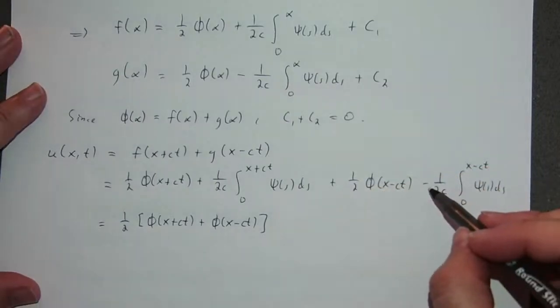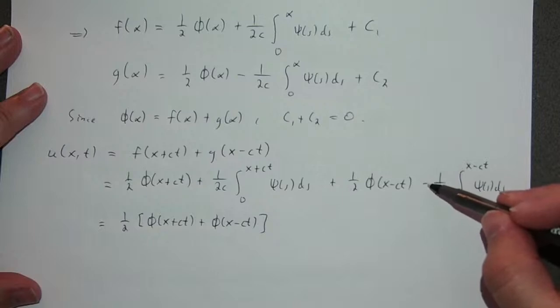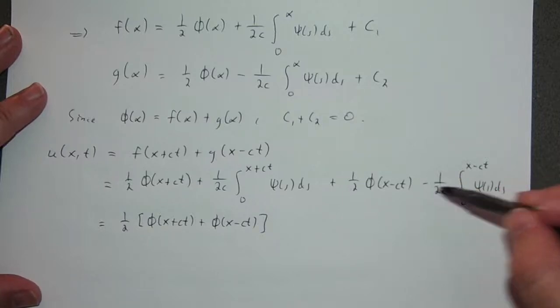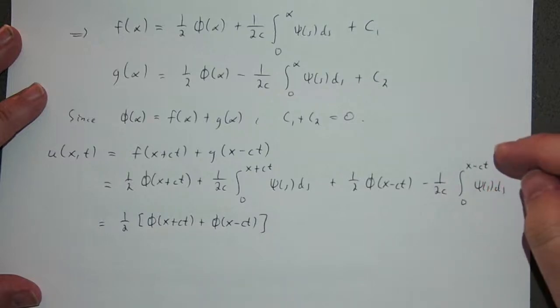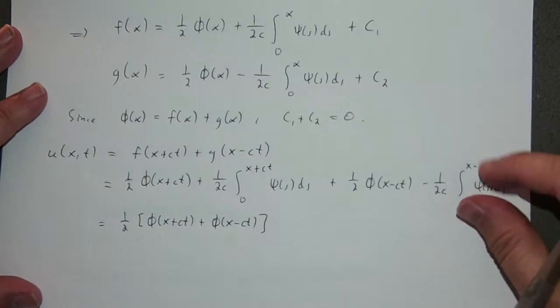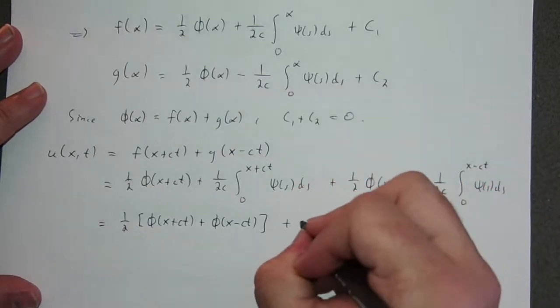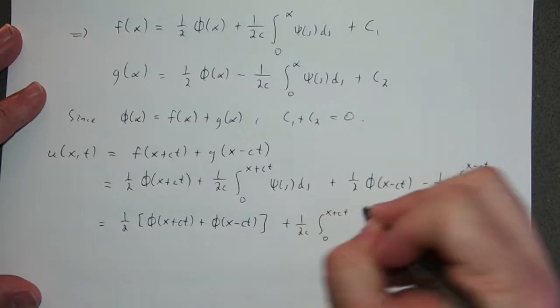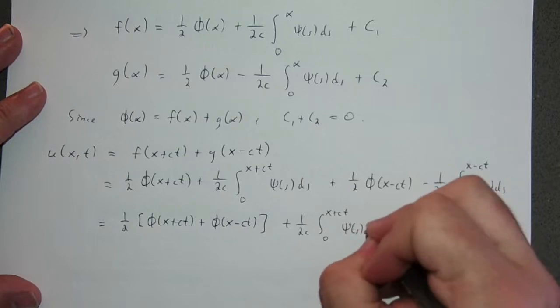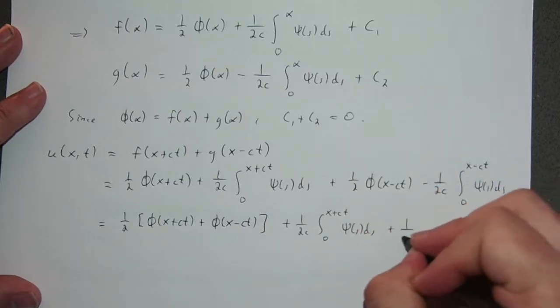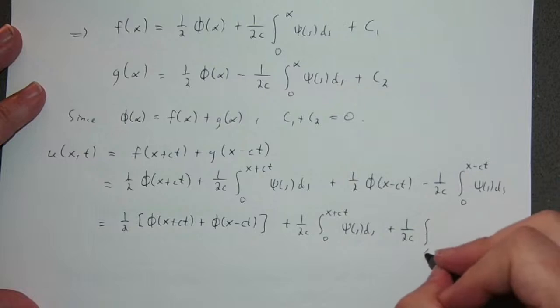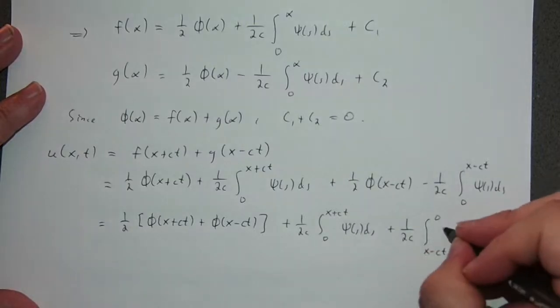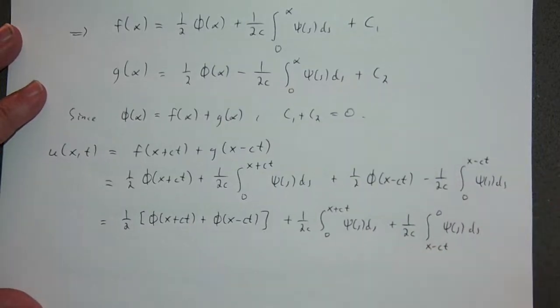Well, let's see here. I can swap the order of this integration by changing this minus to a plus and swapping, and having it go from x minus ct to 0. So let's do that. So this would be plus 1 over 2c times the integral from 0 to x plus ct of psi of s ds plus 1 over 2c times the integral from x minus ct to 0 of psi of s ds.